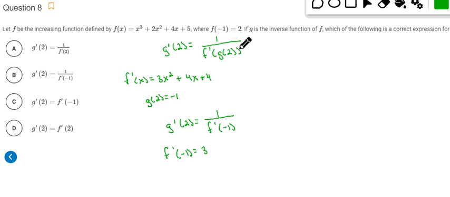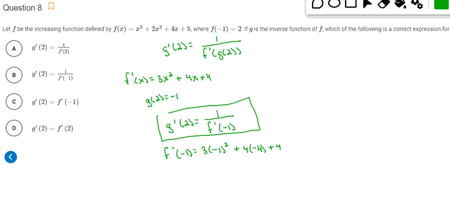We've got 3 times negative 1 squared plus 4 times negative 1 plus 4. Oh, wait a minute. Going too far. Here's our answer right here. G prime of 2 equals 1 divided by F prime of negative 1. So that is answer choice B.